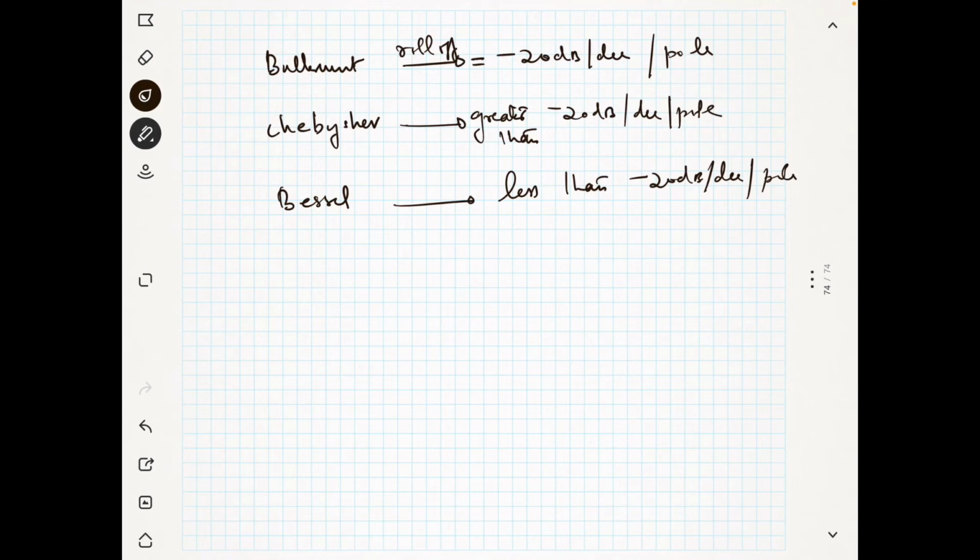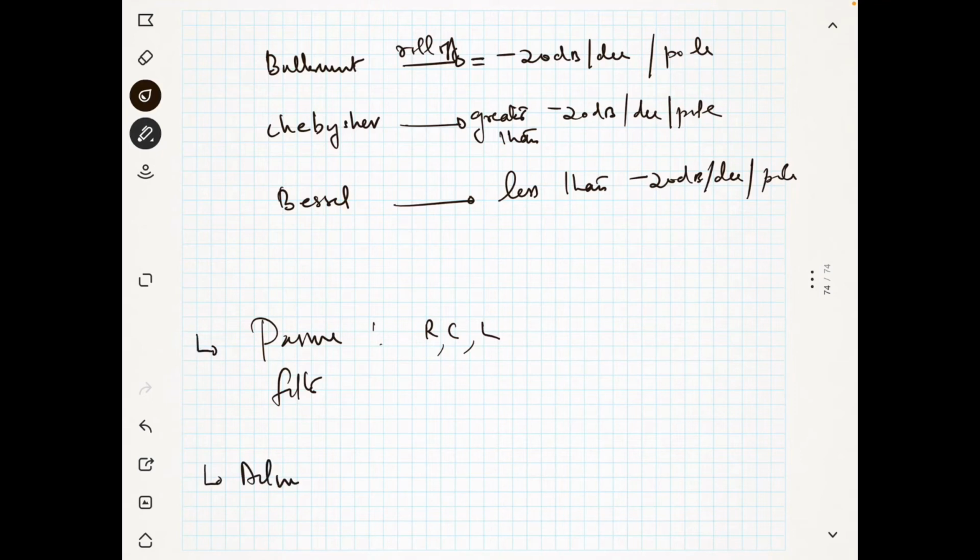Now we have seen the passive filters. Passive filters consist of R, C and L elements. You can also make filters using an inductor.